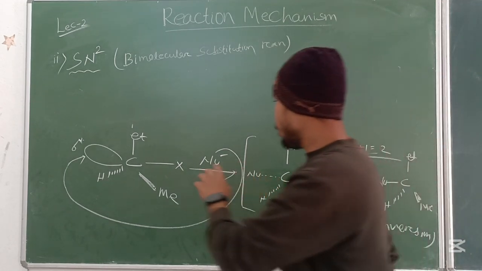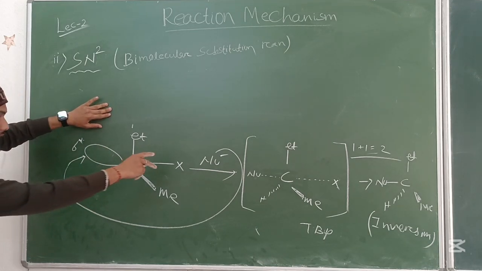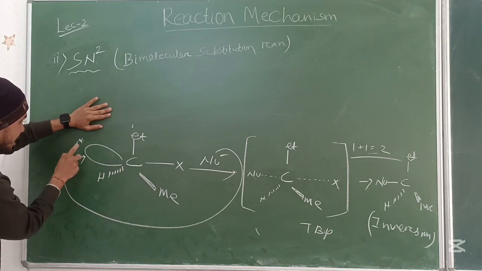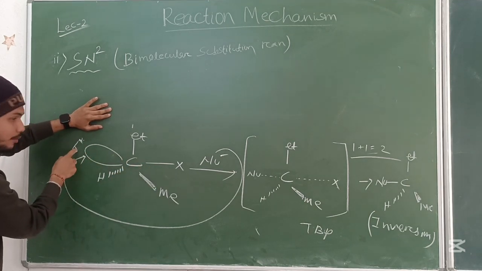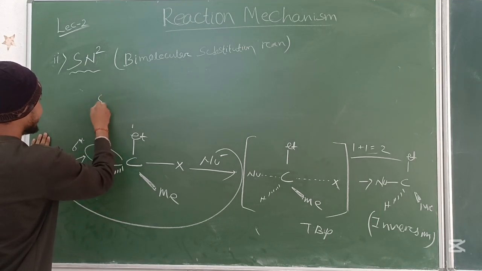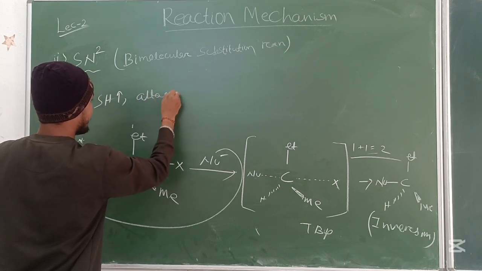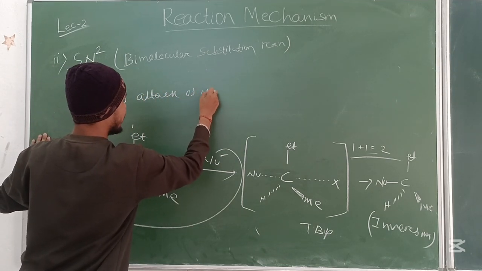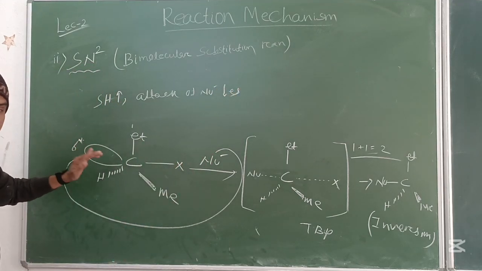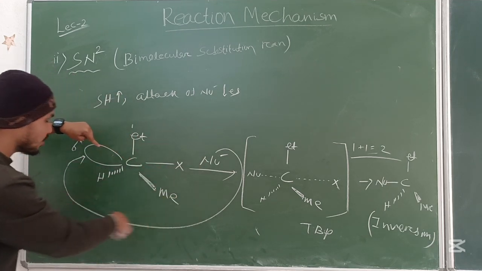So you think if we increase the steric hindrance, then the attack of the nucleophile on the C–X sigma antibonding orbital decreases. So if steric hindrance increases, the attack of the nucleophile decreases. In the SN2 reaction, if we decrease the steric hindrance, then the attack or the strength of the nucleophile will increase.